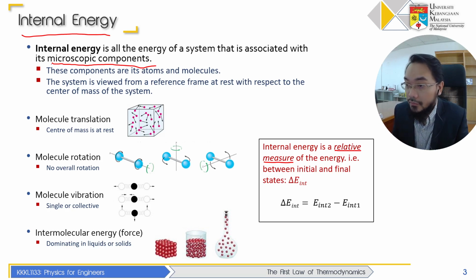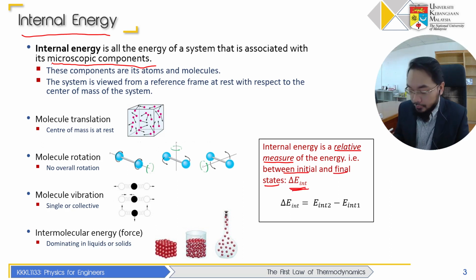So therefore, for internal energy, we are more interested in knowing the relative measure of the energy itself. That means, what is the difference between the initial and the final state of the energy? Or basically the change in internal energy, delta E internal.